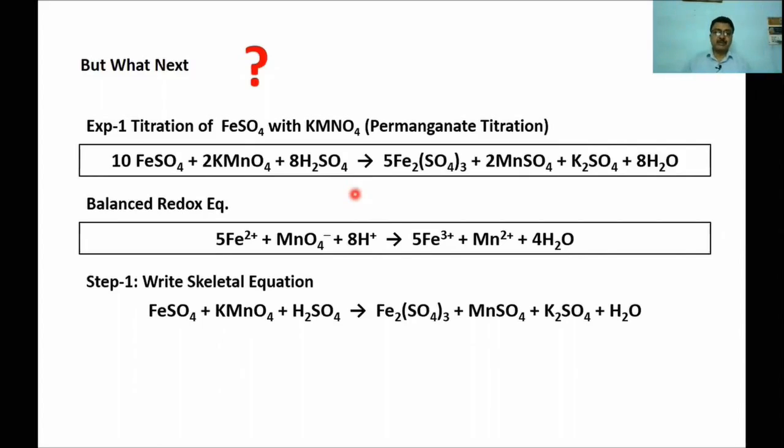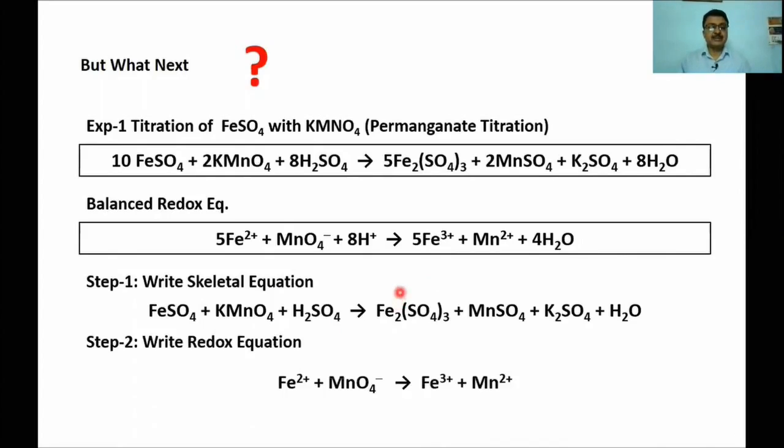Ferrous sulfate is reacted with KMnO4 in presence of dilute sulfuric acid to give ferric sulfate, manganese sulfate, potassium sulfate, and water. Then second step is write down the redox equation. So we have written the redox equation. Ferrous ion is converted into ferric ion and permanganate ion is converted into manganese ion.